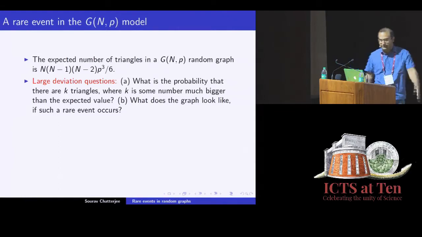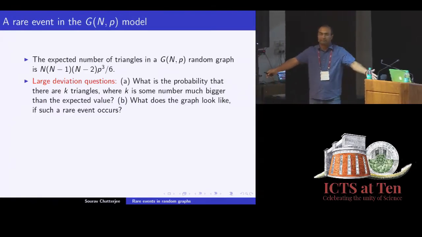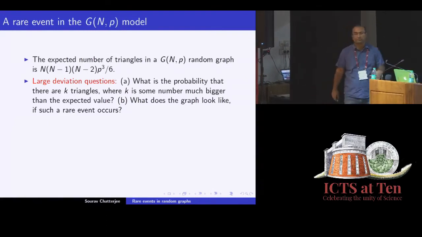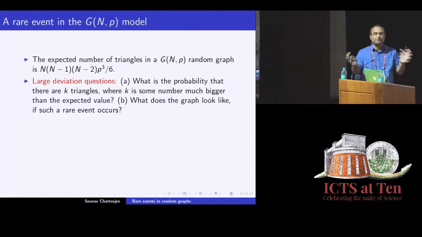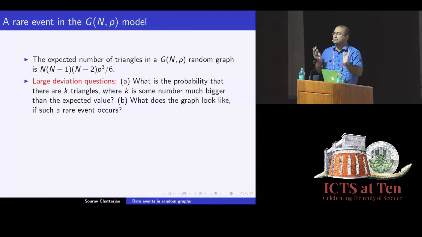So remember, in the earlier simple example, I asked, if there are many more heads than you expect in a sequence of coin tosses, how many pairs of consecutive heads would you expect given that this rare event has occurred? So you can ask a similar question about graphs: given that there are too many triangles, many more than you expect, what does the graph look like?